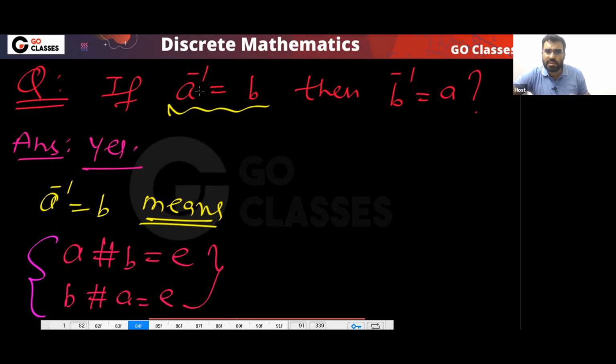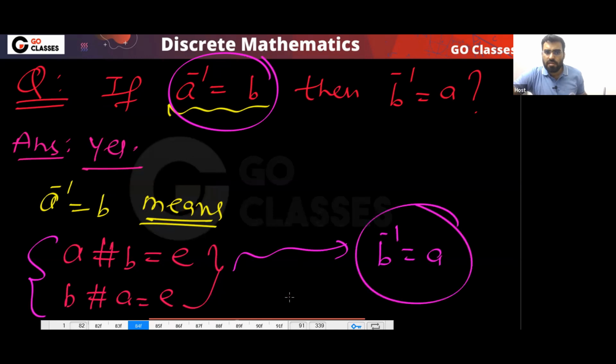A inverse is B means that A hash B is E and B hash A is E. This is the definition of inverse. Now this automatically means that B inverse is A.